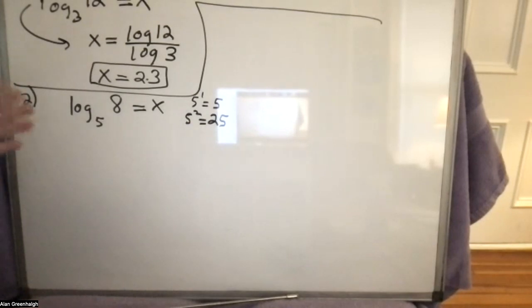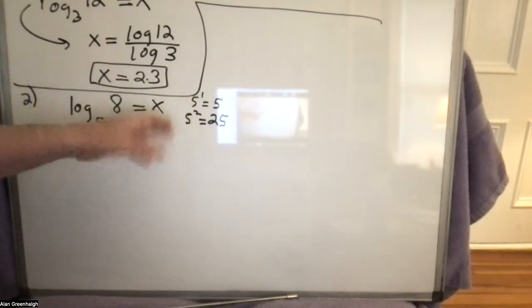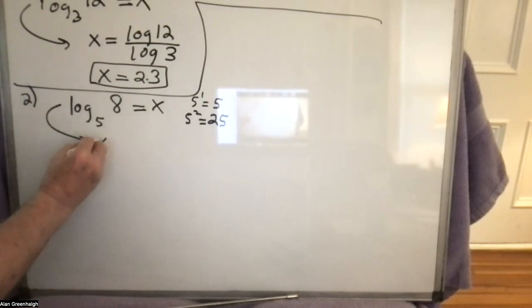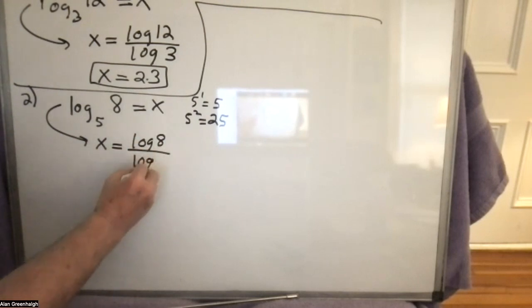So, who knows? 8 is very close to 5. It's going to be a little more than 1, nowhere near 2. But that doesn't matter, because from here, you go to x equals the log of 8 divided by the log of 5.